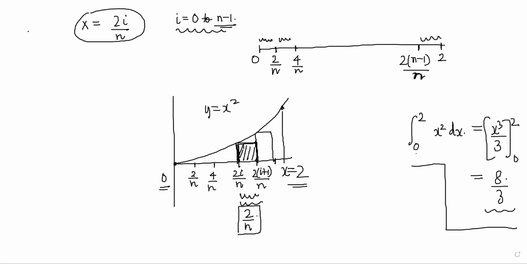Yes. The width of every rectangle is 2 by n. The height of this rectangle is the function value at this first endpoint, f of 2i by n, right? Do you understand? Yes, sir. So the area of the rectangle is 2 by n, which is the width, multiplied by f of 2i by n, right?